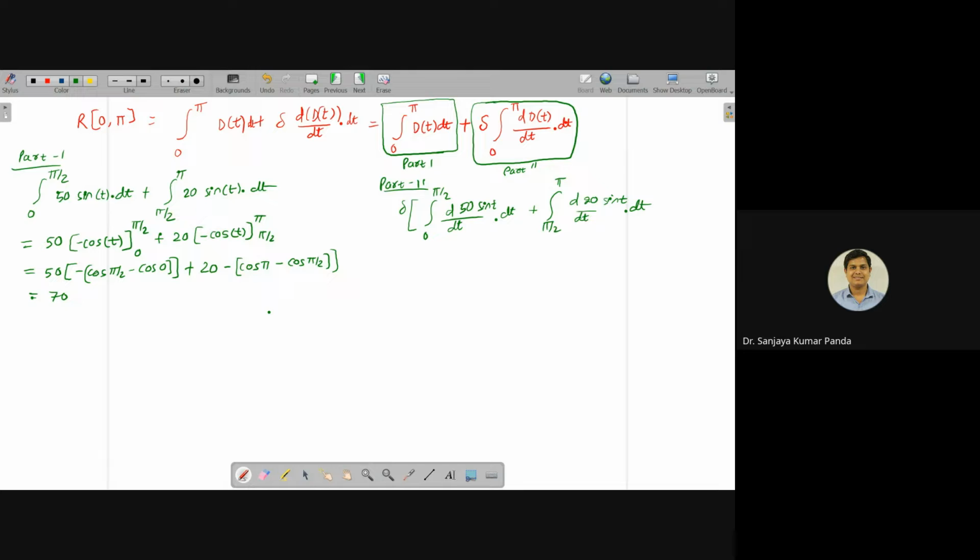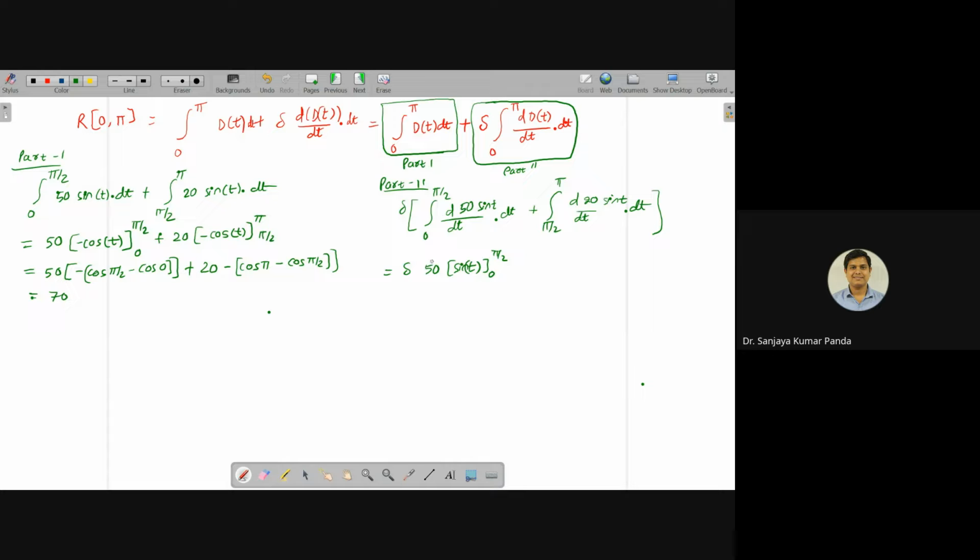Either you can cancel the derivative and integration, or you can calculate the derivative first and thereafter calculate the integration. If I cancel out, you will get 50 sin t, the limit is 0 to pi by 2.